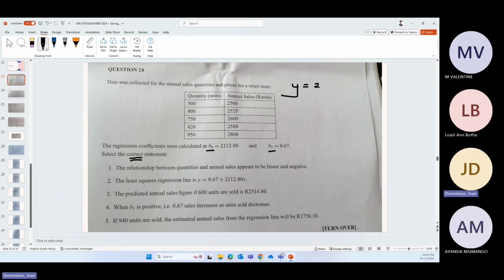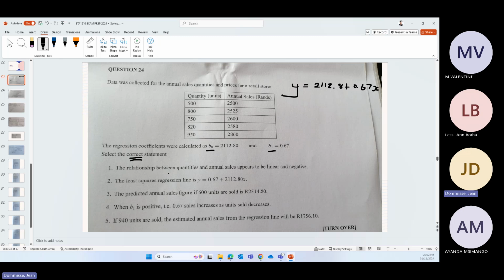So we have 2112.8 plus 0.67x. And we are looking for the correct one.